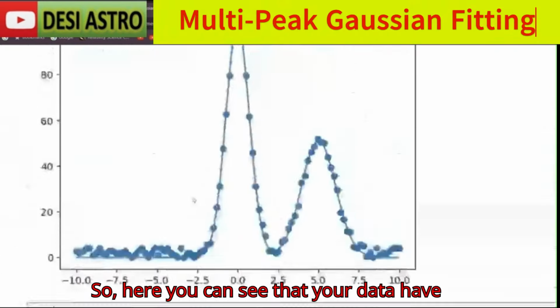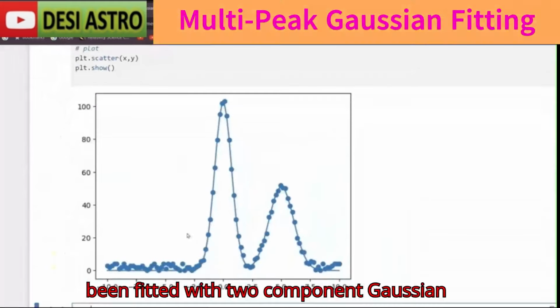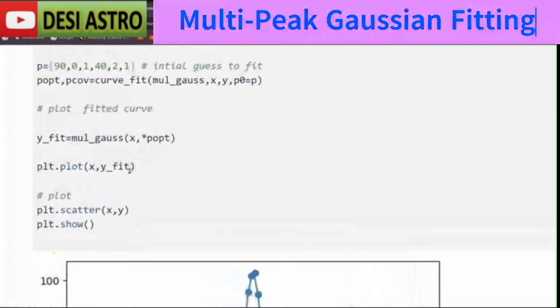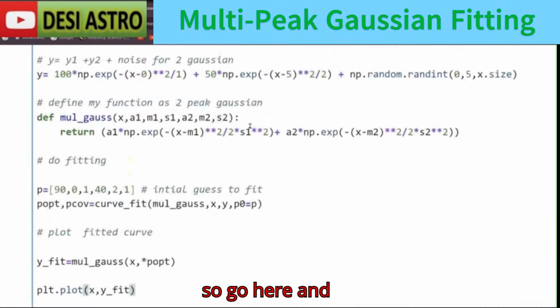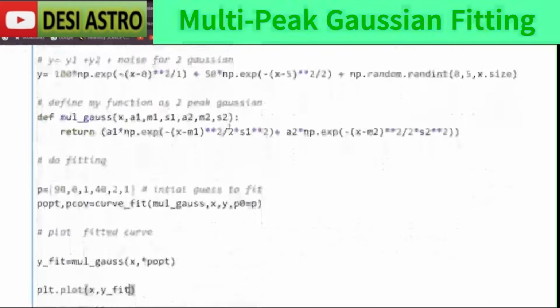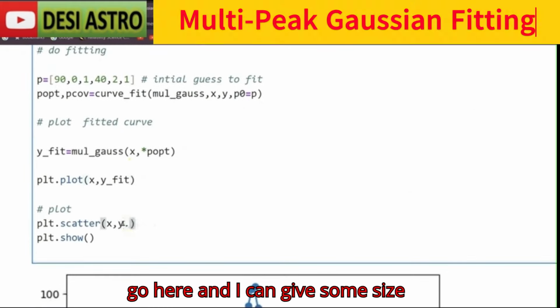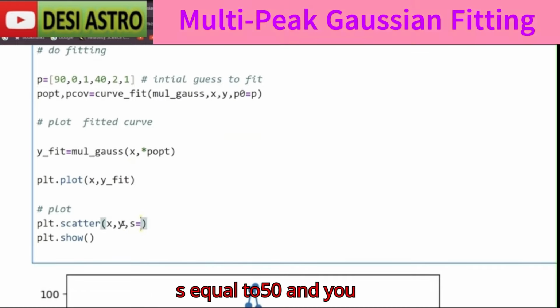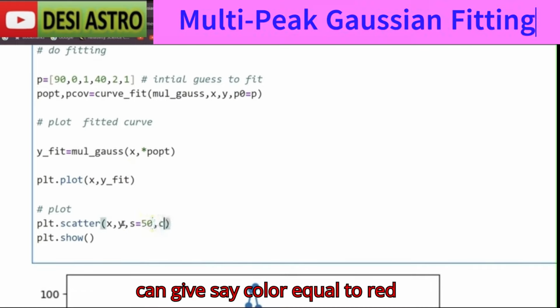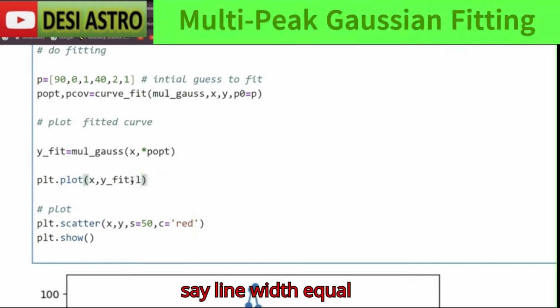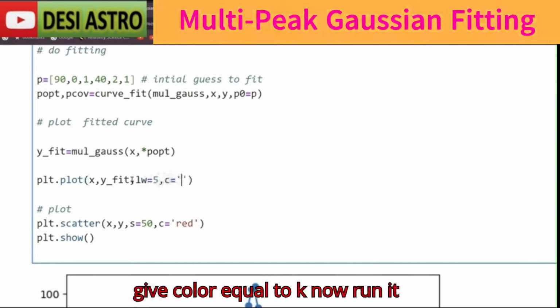So here you can see that your data has been fitted with a two component Gaussian, right? So I can give some size, s equal to 50, and you can give, say, color equal to red here, and then you can give here, say, line width equal to 5, and you can give color equal to k.